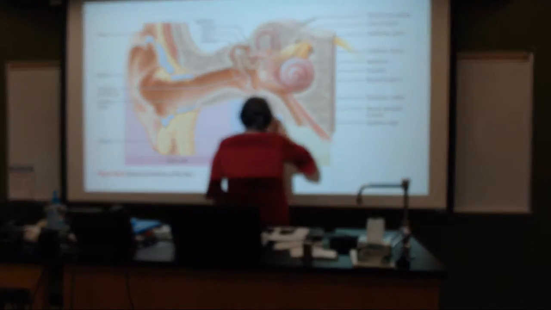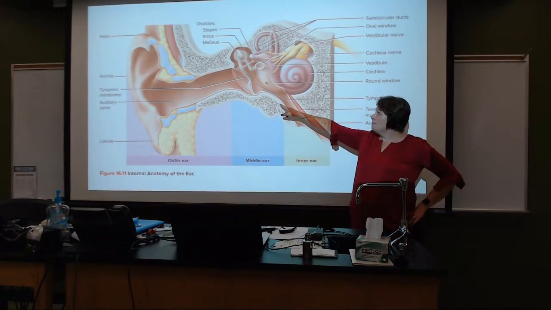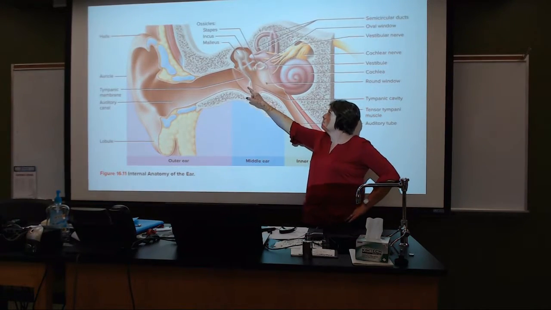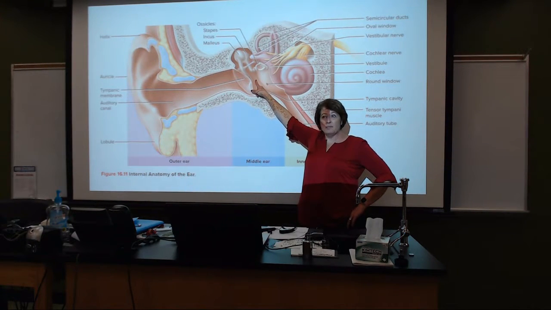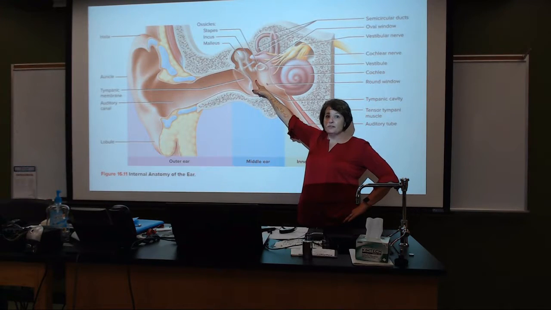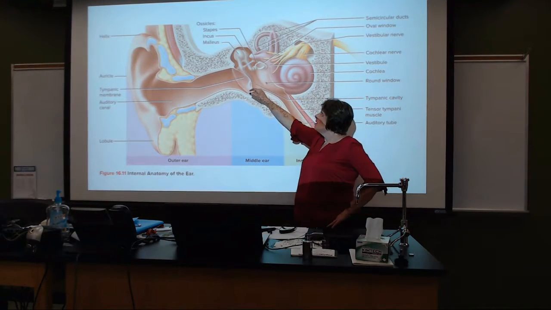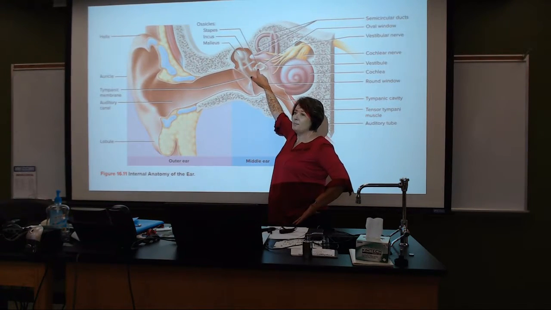Once we get into the bony portions, my middle ear, note a small portion of it. The three smallest bones of the body, okay? Yes, they are counted as bones, and they are the three smallest. We've got our malleus, incus, and stapes.